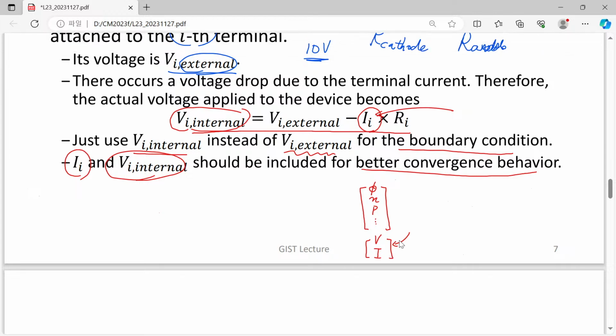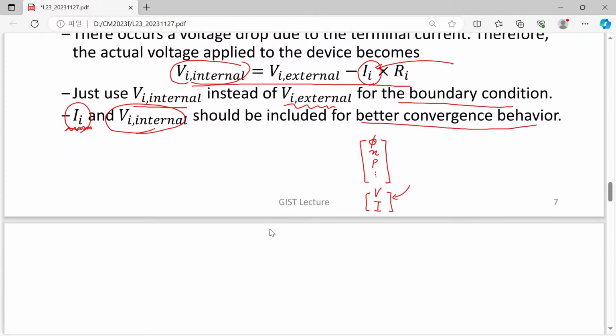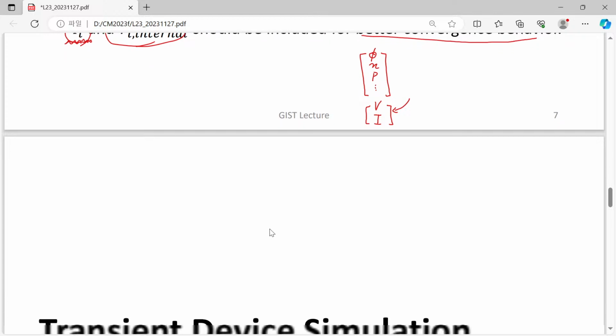So that should be done very carefully. The most difficult part is calculating the dependence of terminal current on internal variables. However, that was already done in our Jacobian matrix for the internal matrix. So it can be done if we just follow a step-by-step manner.